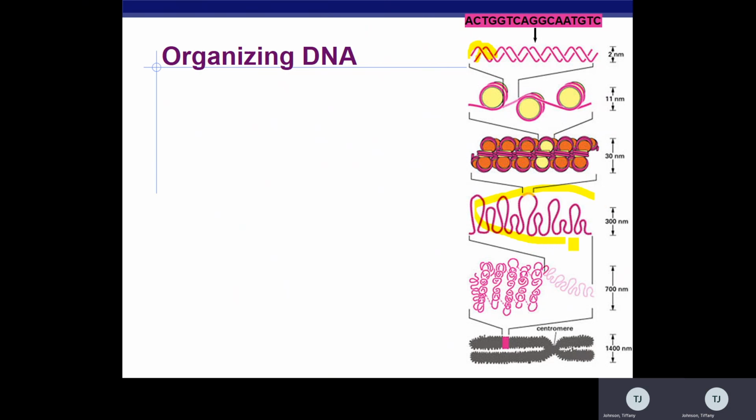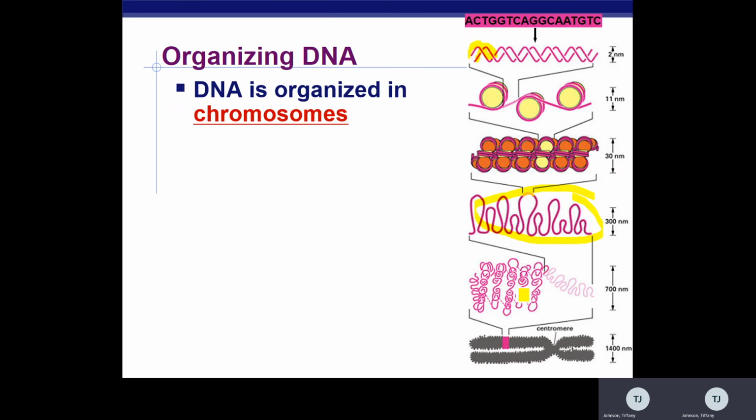At this point, this DNA plus protein is what we call chromatin. That chromatin squeezes together a little bit more, all the way until you get a big chromosome.